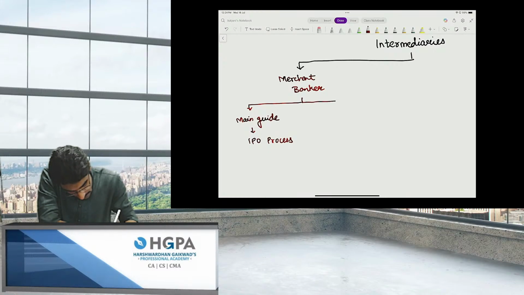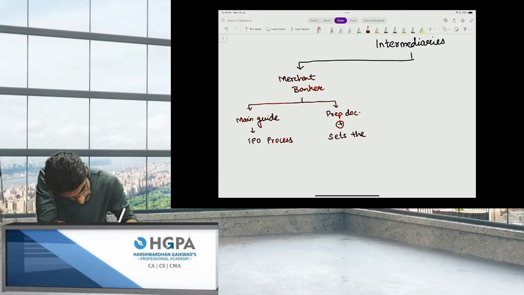Number two people, he prepares documents plus he sets the price of shares, plus he does one more thing, he ensures that IPO reaches the investors.